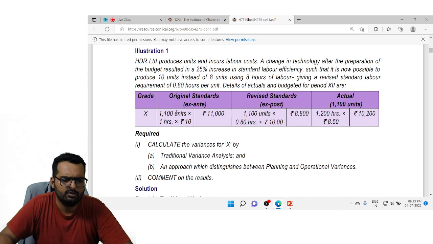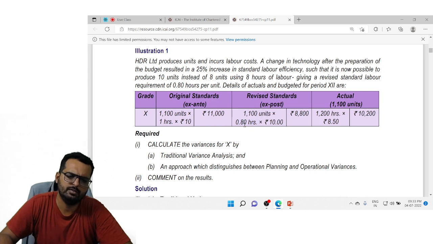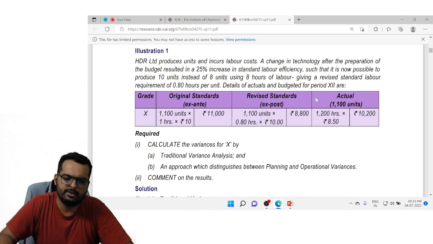All right. So here they have taken 1100 units into 0.8 hours, very clearly given over here. So that they will provide the data. You have to again do actual output into this. Understood? It's always based on actual output only.